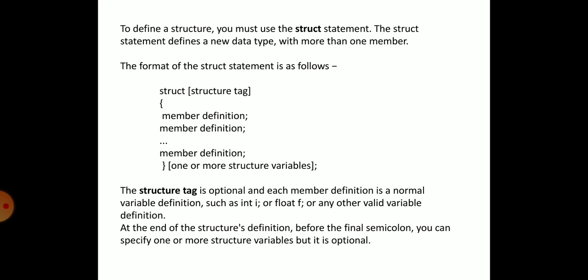So the keyword struct declares a structure to hold the details of all the fields, and all the members that belong to a structure are called structure elements or members, and each member may belong to different data types.